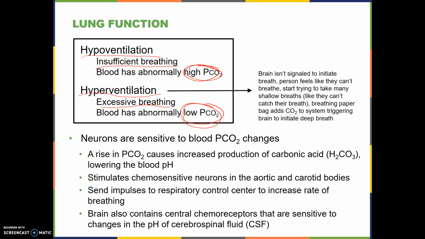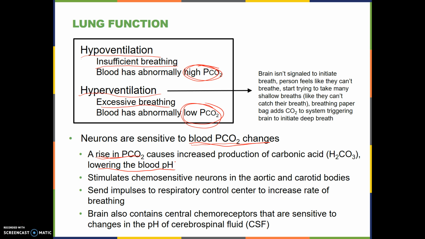We have neurons that are very sensitive to changes in blood partial pressure of CO2. So a rise in partial pressure of CO2 causes increased production of carbonic acid, which lowers pH.